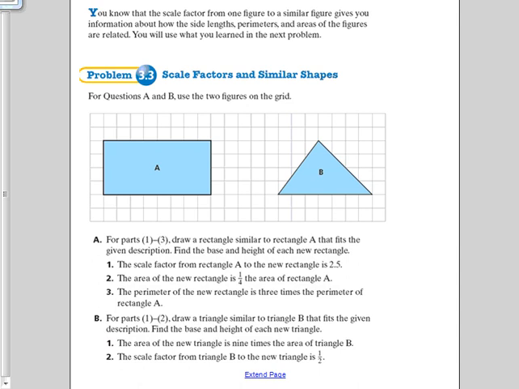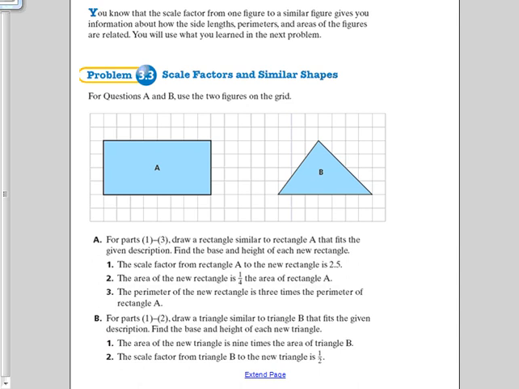All right, moving on to what you actually have. Problem 3.3, scale factors in similar shapes. Looking at these two, what I want you to do is on a piece of graph paper, draw a rectangle similar to rectangle A that fits the given description. Find the base and height of each new rectangle. First of all, a scale factor from rectangle A to the new rectangle is 2.5.